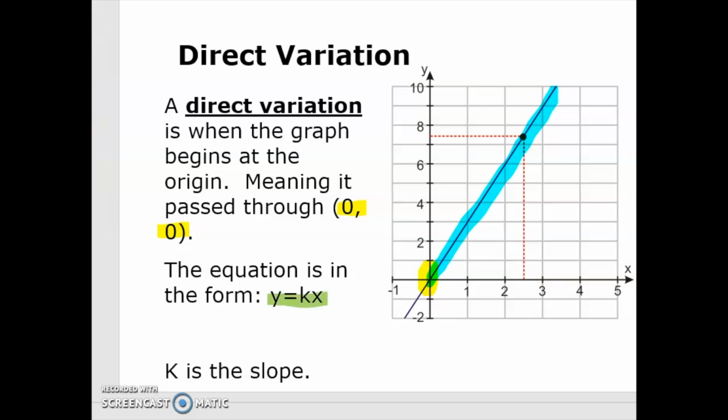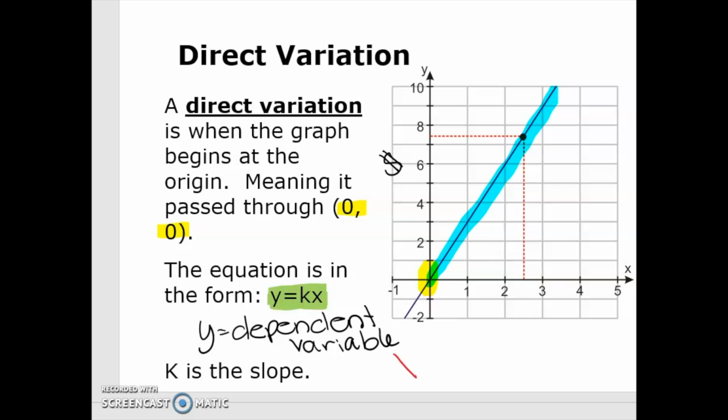Now, the second part is where it gets hard. That's the equation. The equation is y equals kx, and y is your dependent variable. That means if I'm talking about the movies, the cost, the price directly depends on x.